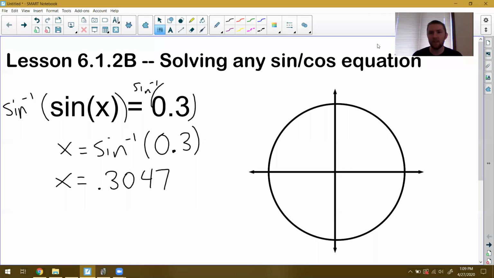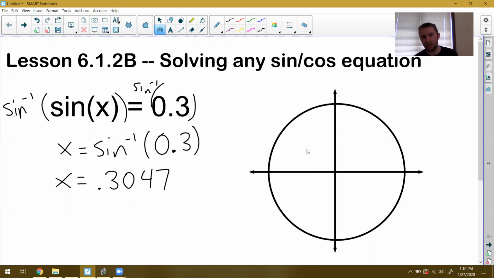Okay, so we have this solution, this value of x that we know is going to give us a sine value of 0.3. Okay, but let's talk about where that value is on our unit circle, right? Because decimals like 0.3 or 0.3047, they're not really what we're used to thinking about on our unit circle.